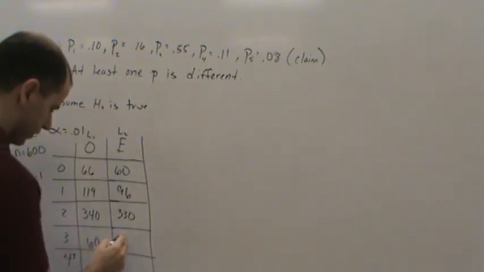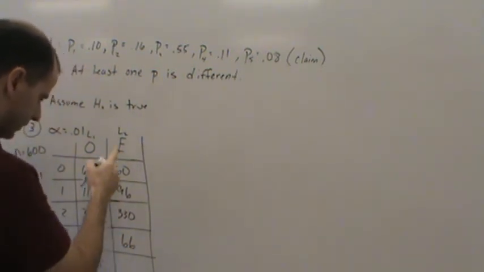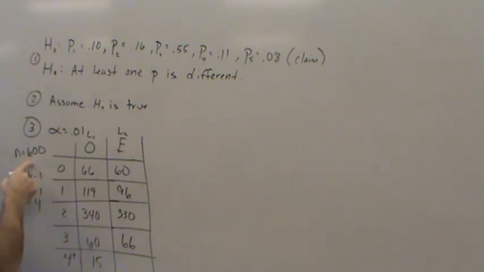And then the rest have to fall into here because all of these have to add up to 600, right? So now the last one is 8%. And I'm not going to add, it's easier just to multiply. And we get 48.